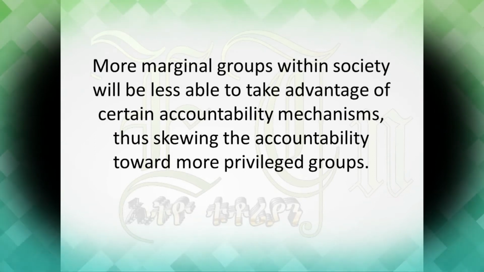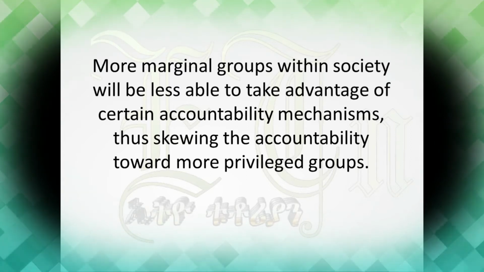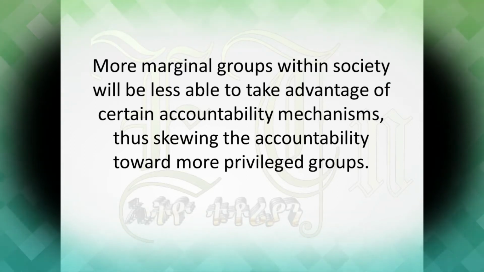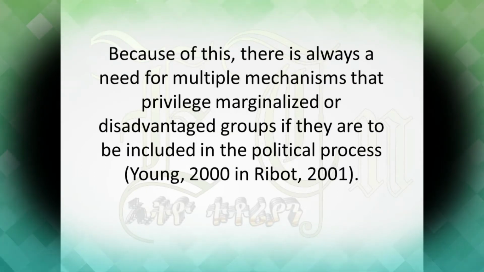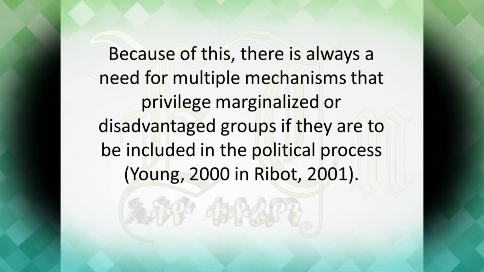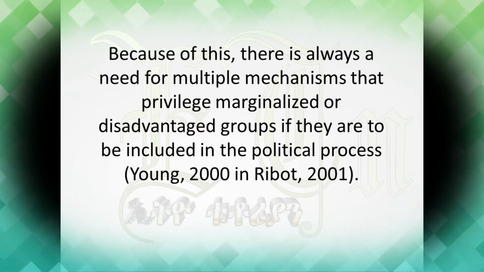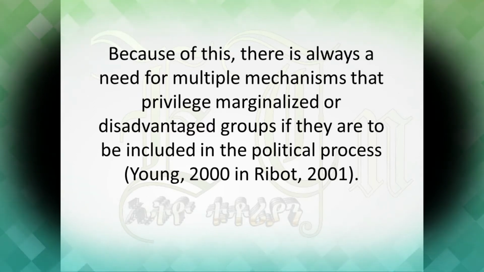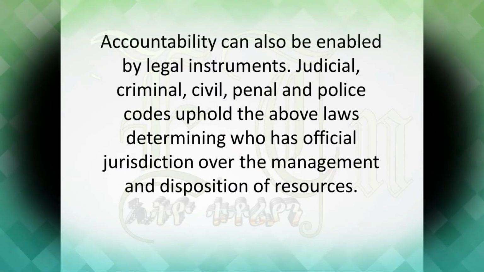More marginal groups within society will be less able to take advantage of certain accountability mechanisms, thus skewing the accountability toward more privileged groups. Because of this, there is always a need for multiple mechanisms that privilege marginalized or disadvantaged groups if they are to be included in the political process. Young, 2000, in Rebut, 2001.